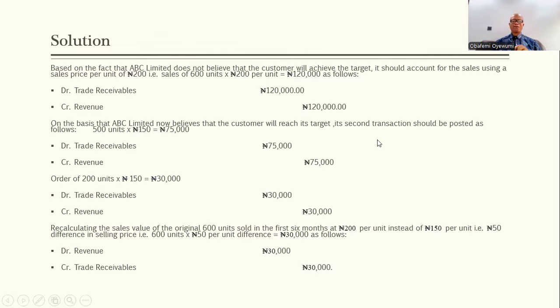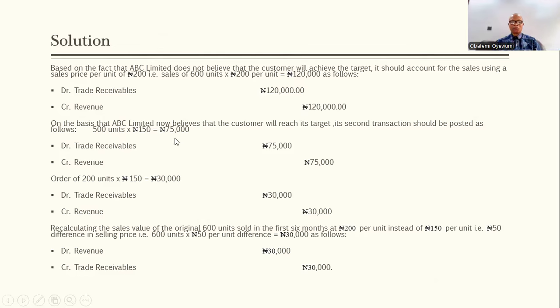But now, when this organization came back to buy 500 units, ABC knew that this customer will reach his target. So the 500 units will no longer be priced at the rate of 200. It will be priced at the rate of 150.